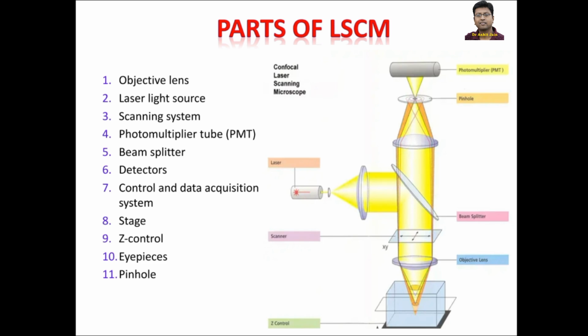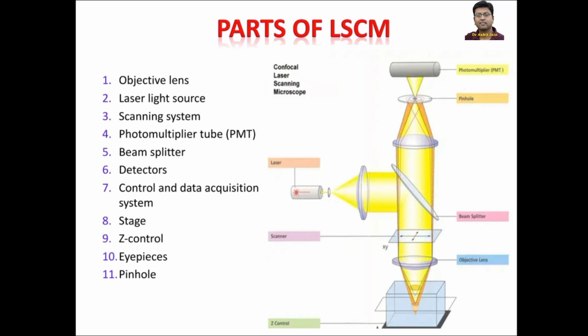Now in this slide, the different parts of LSCM are presented. The basic one is the Z control. We can move the sample by moving the slide. Then there is one objective lens which focuses the laser beam.